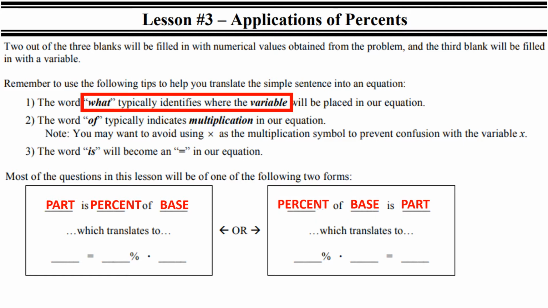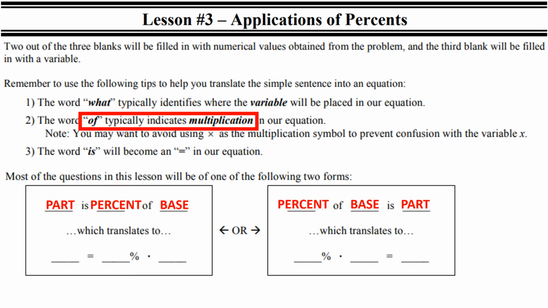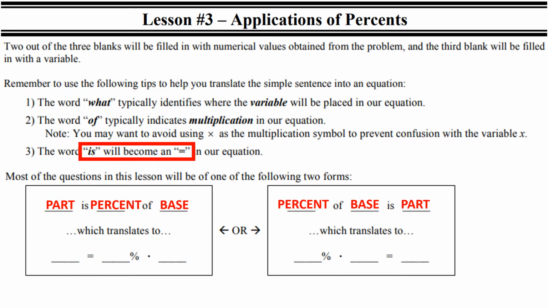Of those three things, one will be missing, and we'd call that the variable, so we'll usually call that x. The word of is going to typically indicate a multiplication. So you'll notice the arrows would say that we translate the word of into our mathematical equation as a multiplication dot. The word is will become an equal sign, so we translate that as shown.